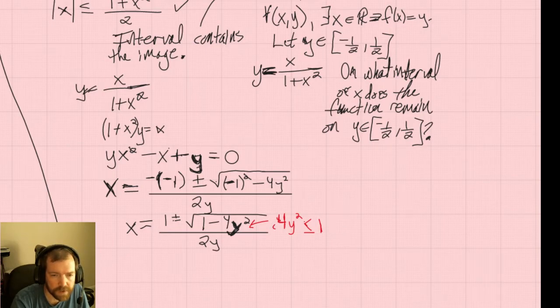And naturally on the other side this is going to be greater than or equal to 0. But we don't really care so much about that. We know it's just going to be that. So this will have a value between 1 and 0, the square root.